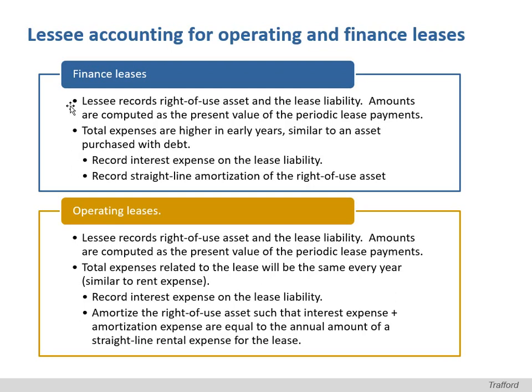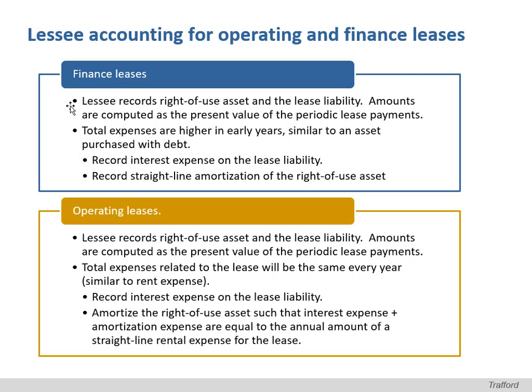So on the income statement side of things, we'll be recording interest expense on the lease liability, just as if you'd purchased it with a loan, and we'll record straight line amortization of that right-of-use asset, similar to straight line depreciation expense.